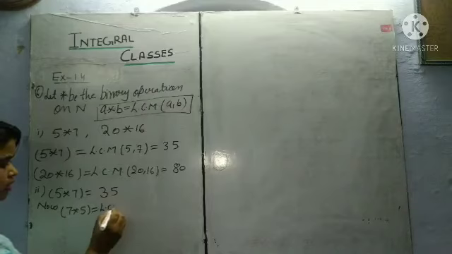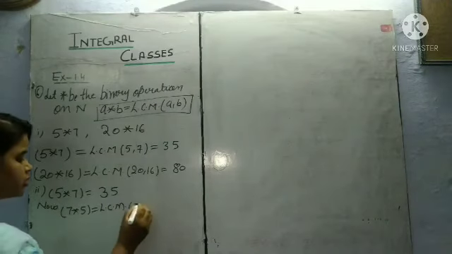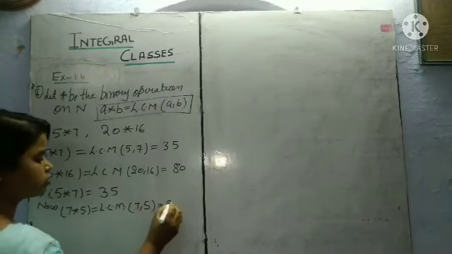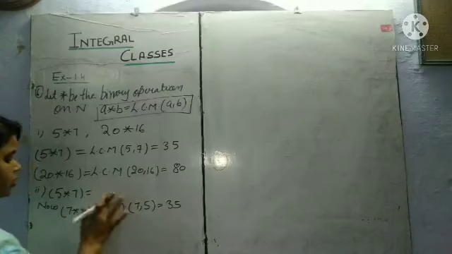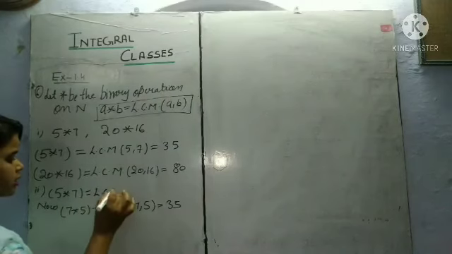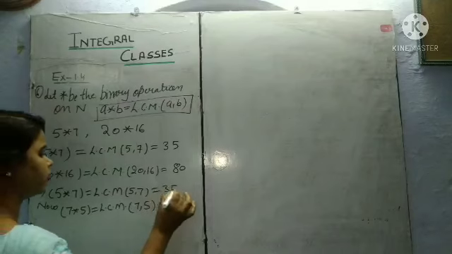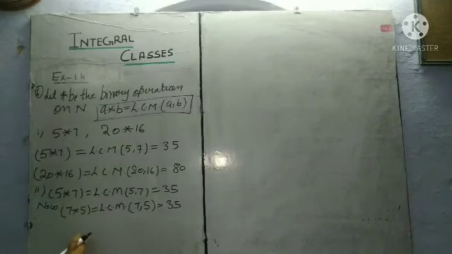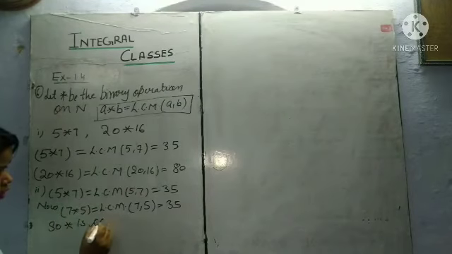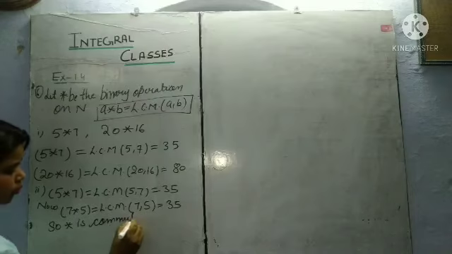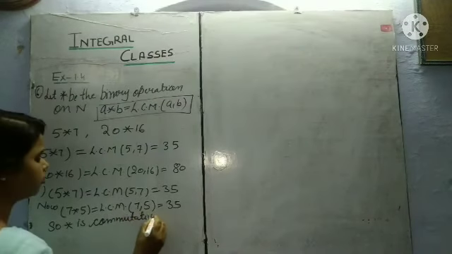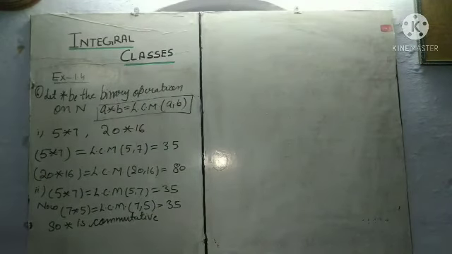So the LCM of 7 and 5 should also be 35. Now as we observe here, both sides are equal. So star is commutative. It follows the commutative property.